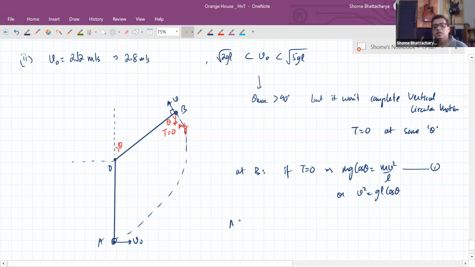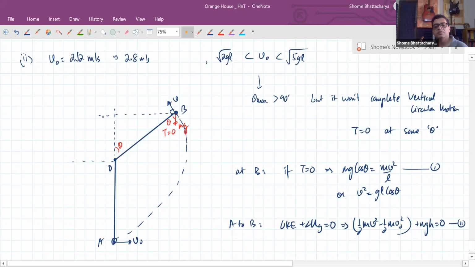And secondly, A to B, change in kinetic energy plus change in gravitational potential energy is zero. This is our second equation.